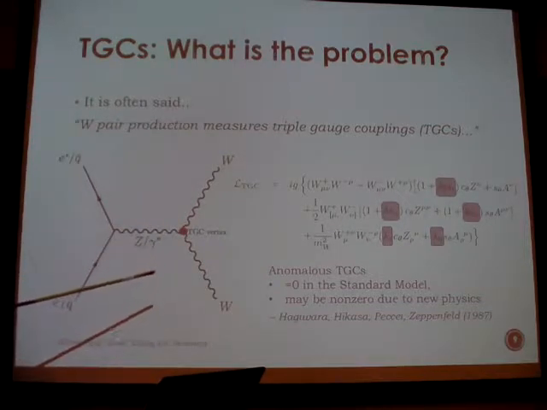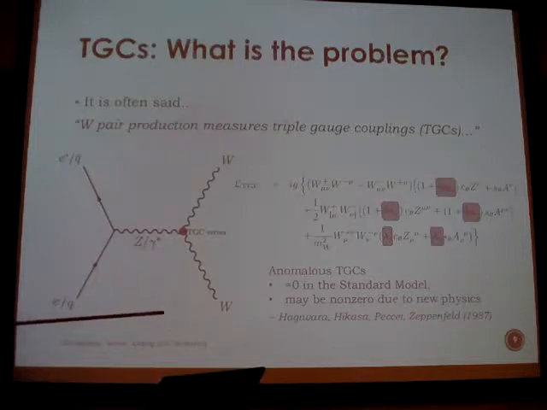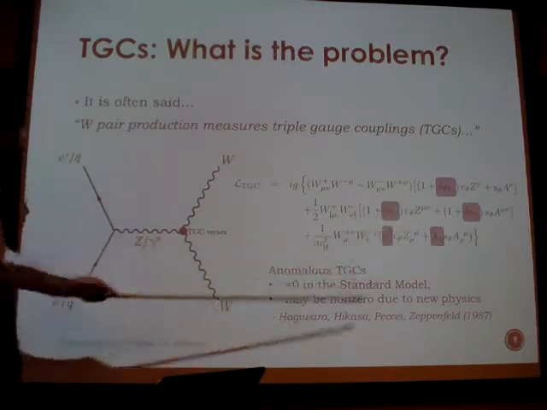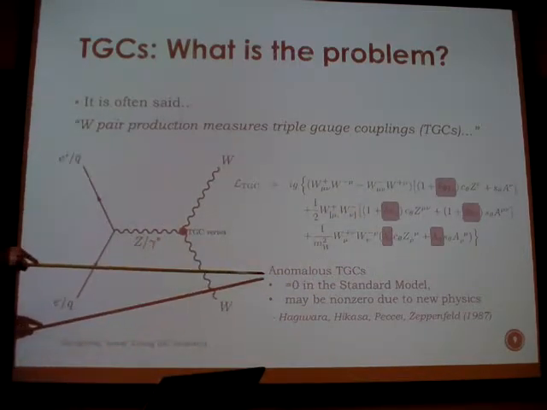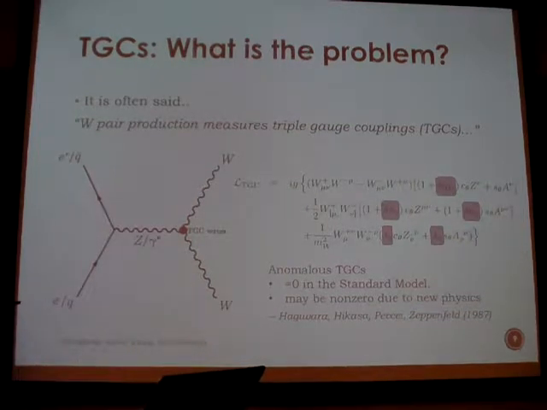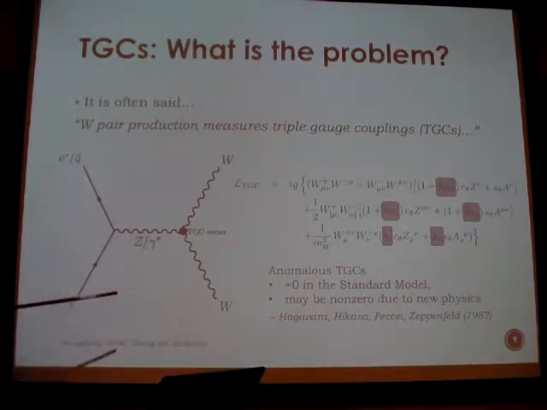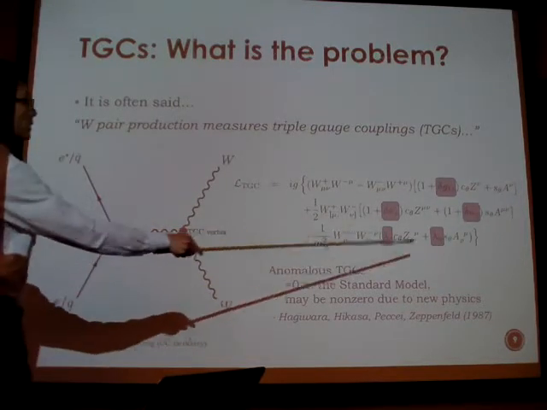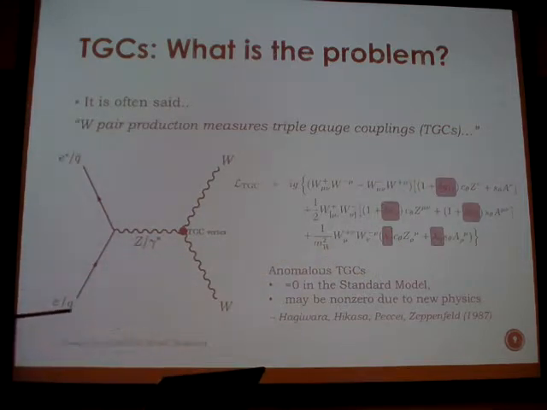A standard way of parameterizing these new physics effects is to write down this TGC Lagrangian containing these highlighted parameters, which are called anomalous TGCs. By definition, they are zero in the standard model, but they can be non-zero due to new physics. So the goal of this exercise is to use experimental measurements for diboson pair production to see what we can learn about these anomalous parameters, how far away they can deviate from zero.